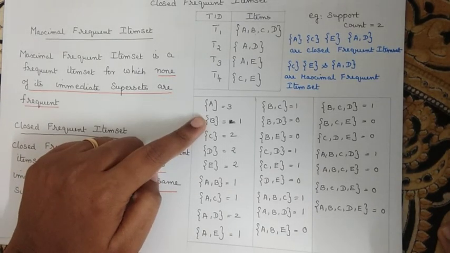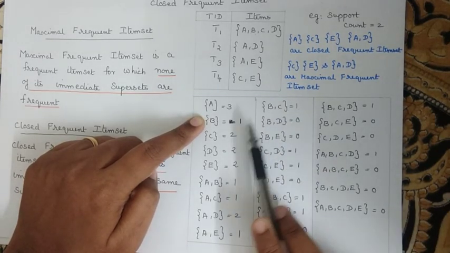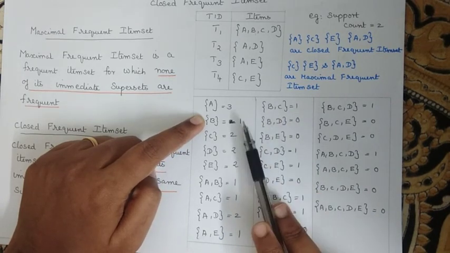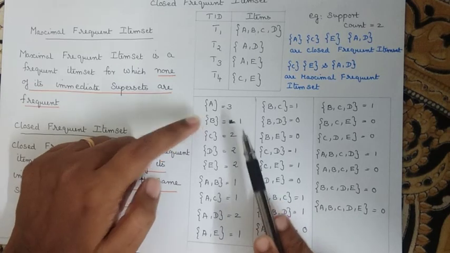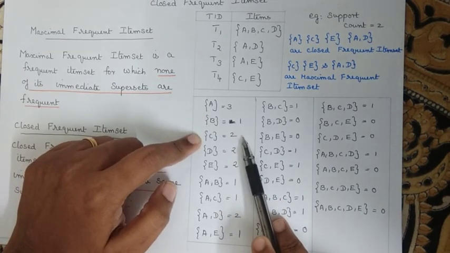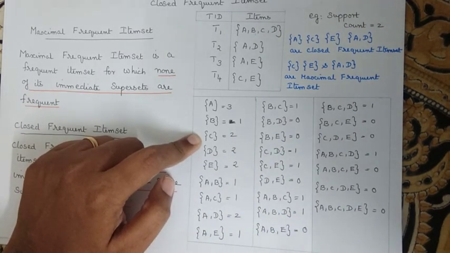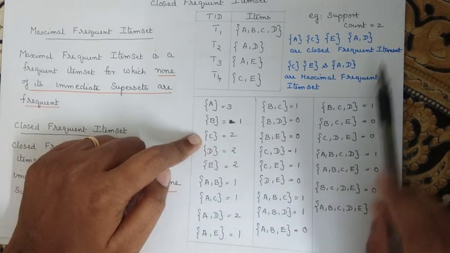In the same way, for B, the count is 1. Which are the immediate supersets of B? BC, BD, BE, etc. BC has the same support count as B, and BE and BD do not, but since BC has the same support count as B, I can't say B is a closed frequent item set. Moving on with C. C has a support count of 2, and none of its immediate supersets has the same support count as C. So I can take C as a closed frequent item set.